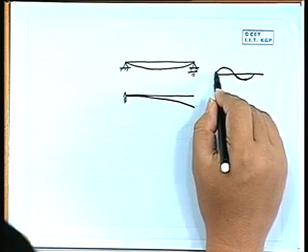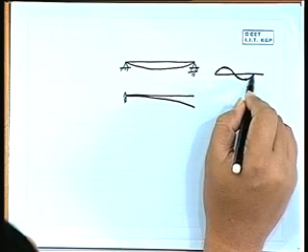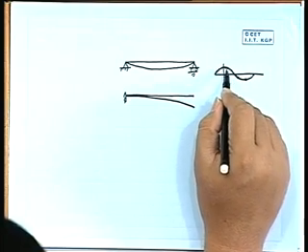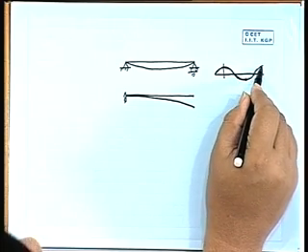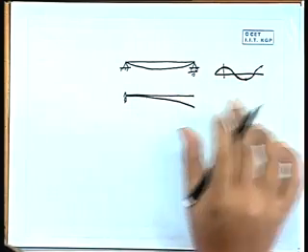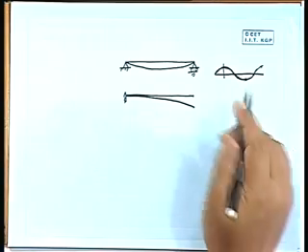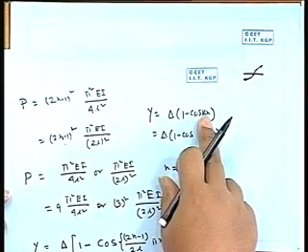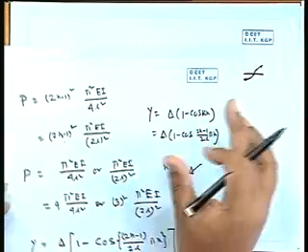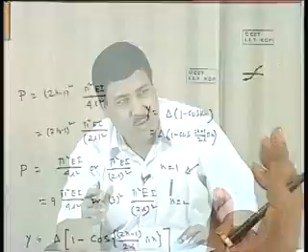Sine curve starts from 0, it will be like this. If you start from here, there is just a phase lag, and this value is 0 and this value is 1. So here you try to see, it is 1 minus cos. So the deformation pattern is more or less the same.